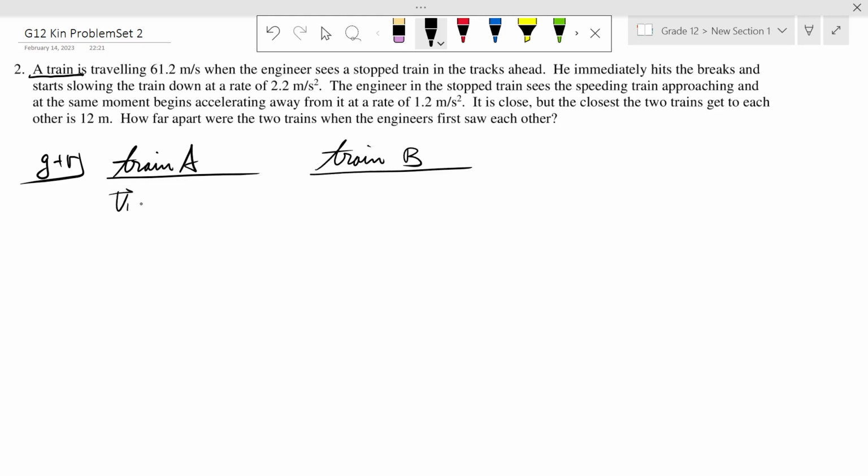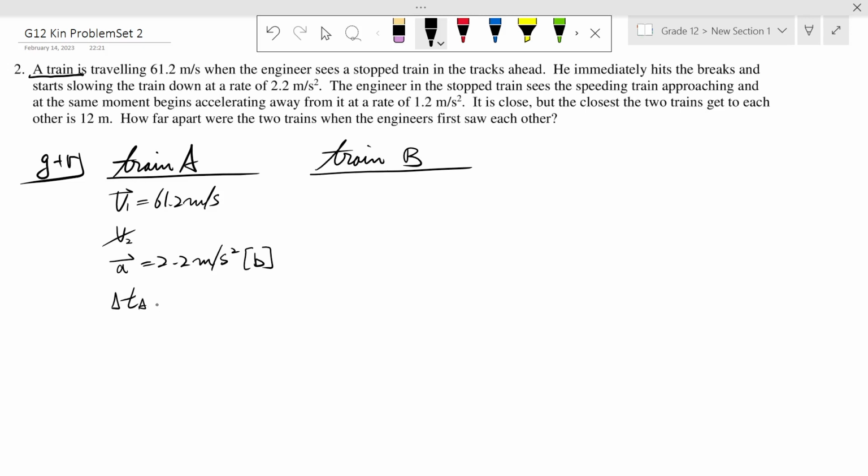So my v1 is 61.2 meters per second. v2, I actually don't care. Acceleration equals 2.2 meters per second squared, but this one's backwards. I'll erase my vector sign in a sec when I state my positive direction.